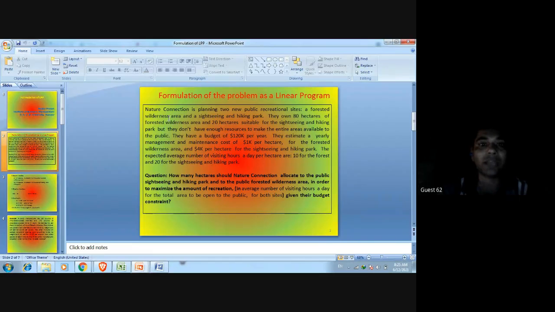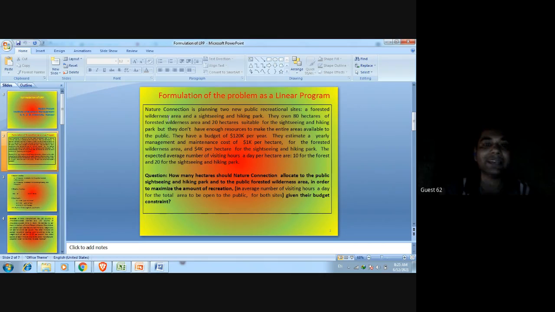But they don't have enough resources to make the entire areas available to the public. They have a budget of $120,000 per year. They estimate a yearly management and maintenance cost of $1,000 per hectare for the forested wilderness area.